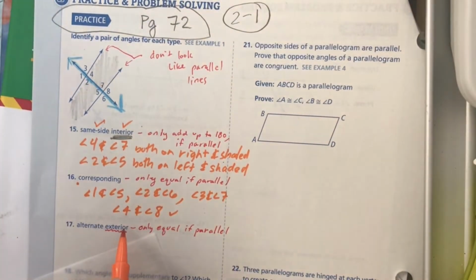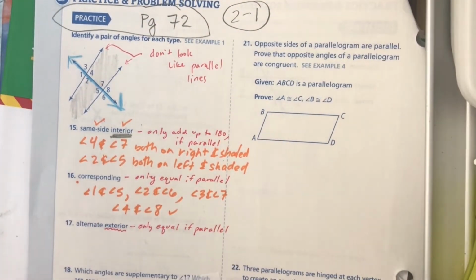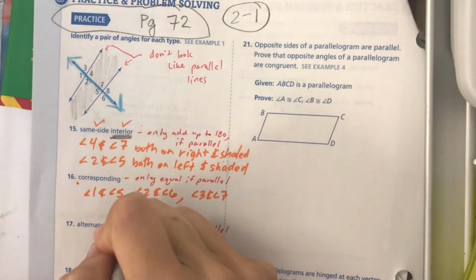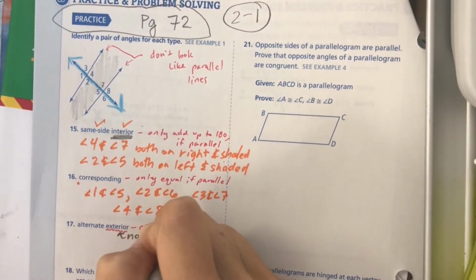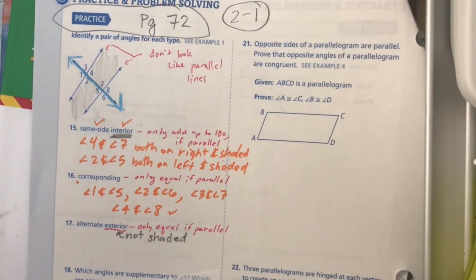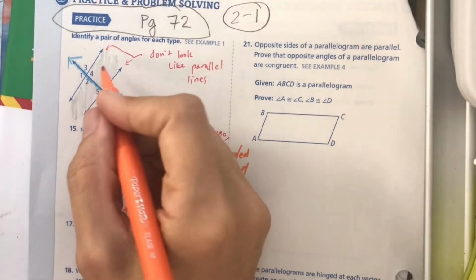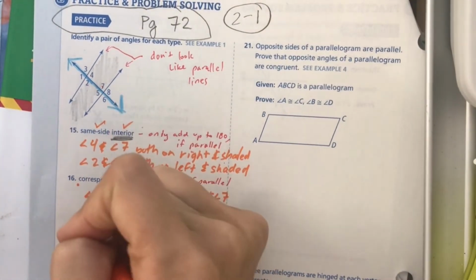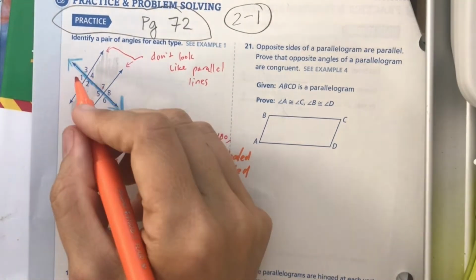Alternate exterior. So this is a new word, but I'm hoping that your brain would think, oh, I think I know what exterior would mean: not shaded. Okay, so if interior is shaded, this would be not shaded. So again, and back in our notes, alternate interior angles were on alternate sides of this transversal. So what would be an angle that's not shaded?